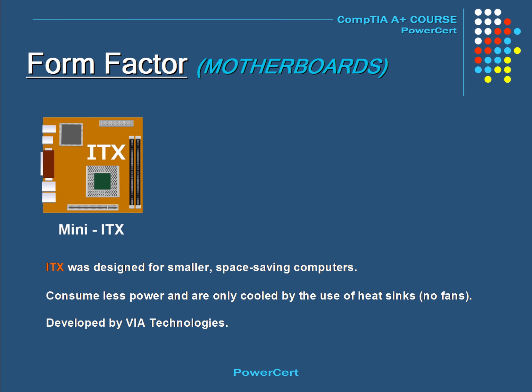There's the Mini ITX, there's also the Nano ITX, which came out in 2005 and was designed to be used in devices such as digital video recorders, media centers, and cars.